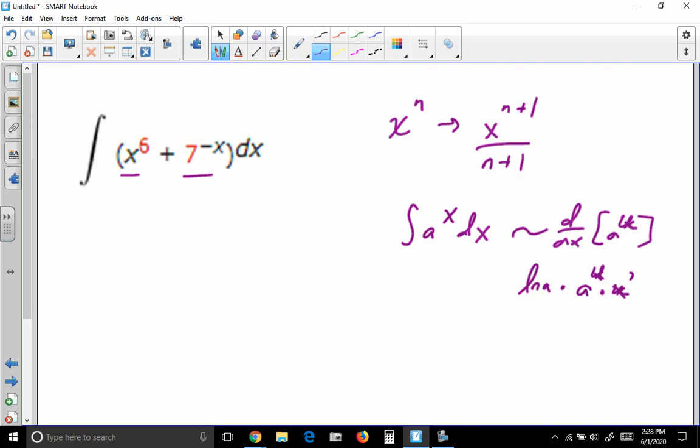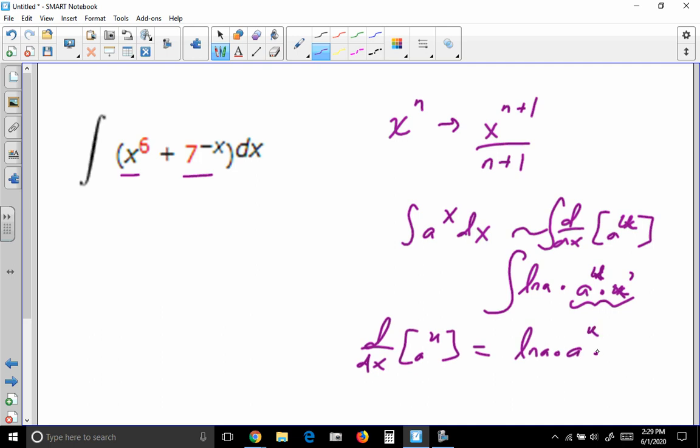If we're doing an antiderivative, imagine we take the antiderivative of both sides. So let me rewrite that down here. The derivative of a to the u is natural log a times a to the u times u prime. So if we integrate both sides, the derivative and the integral undo each other.